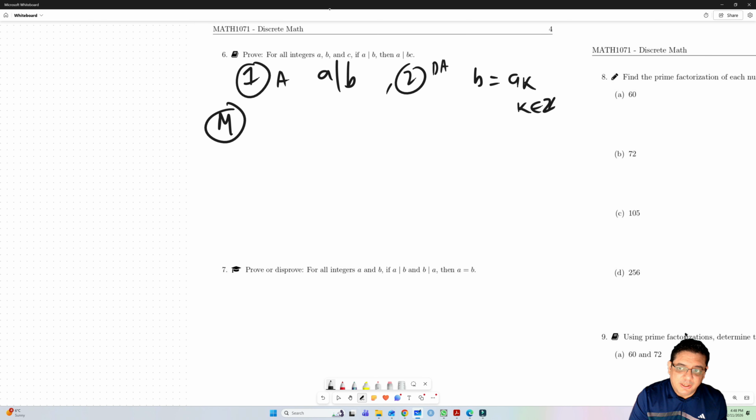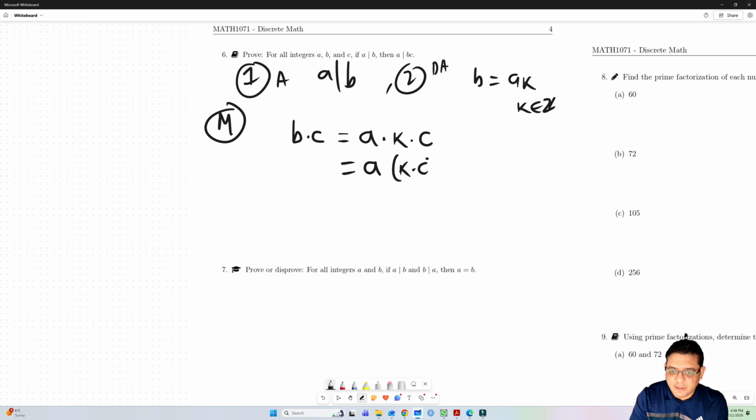Because I have b equals ak, but I need b times c, well, I'm going to multiply by c since it seems like I need c involved. So I'm going to have b times c equals a times k times c. And so now I can do some sort of grouping here. Notice that I can do the grouping between k and c.